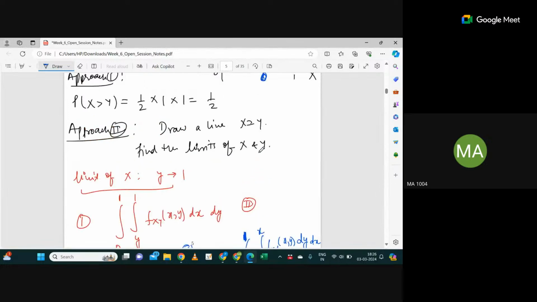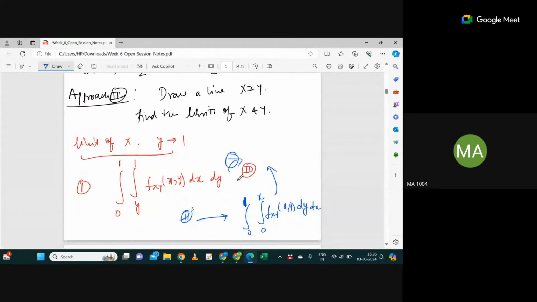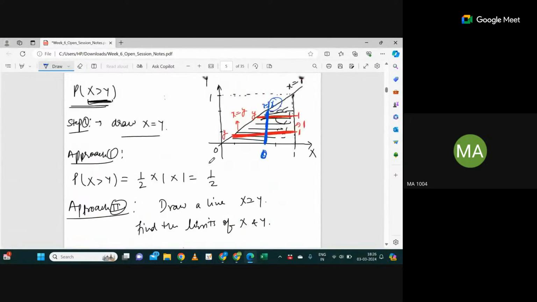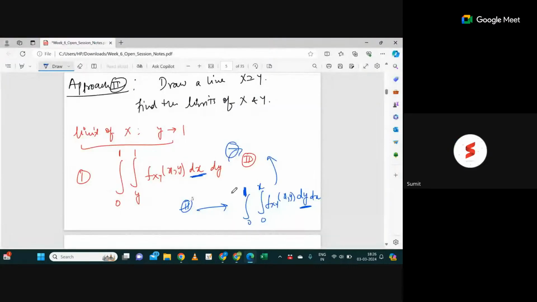If you do it with either this approach or this approach, you will get the same answer. We can cross check also. First of all, tell me, did you get the idea how I calculated the limit of x and then the limit of y here? Yes, sir.